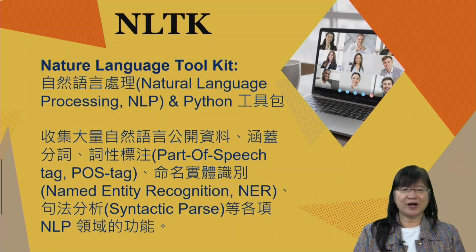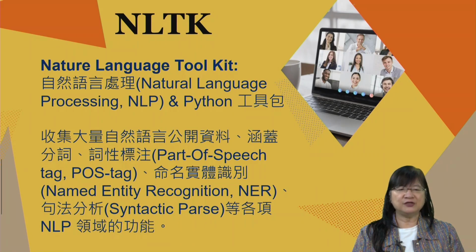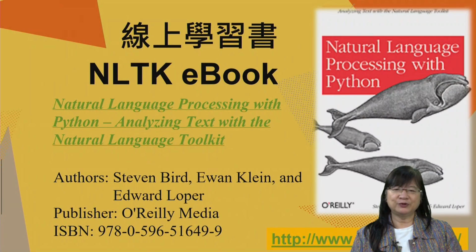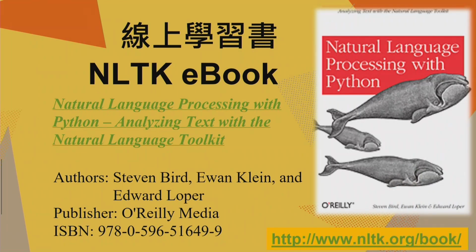All right, next one is about the NLTK, Natural Language Toolkit. From the Natural Language Toolkit, you will see how we use Python with that. So these are some terms I had introduced to you. The book is about Natural Language Processing with Python. And then you don't need to buy the written one. You can check the ebook.